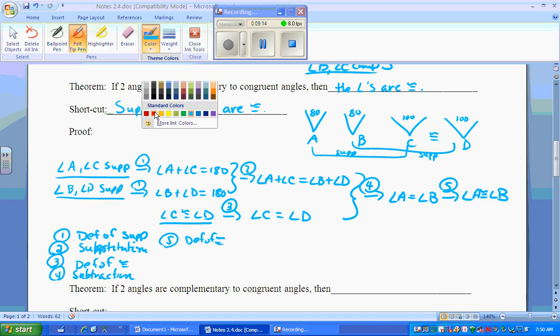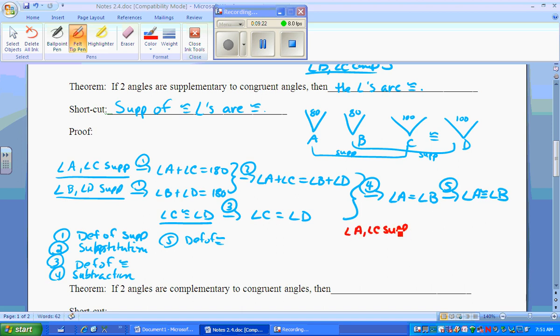Now for what does it look like using this theorem? Well, what we're starting with was that A and C were supplementary, B and D were supplementary, and C was congruent to D. Those three things together, you could then say the leftover pieces, angle A is congruent to angle B, instead of doing the long way.